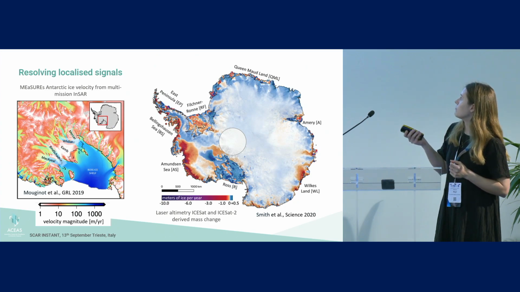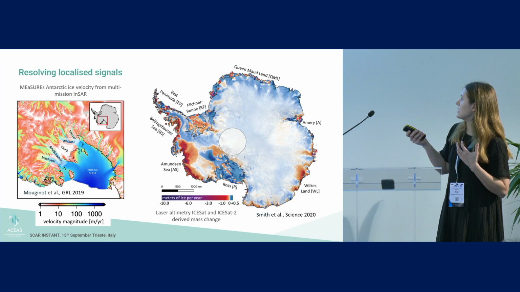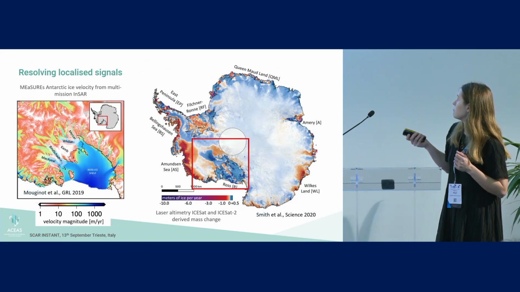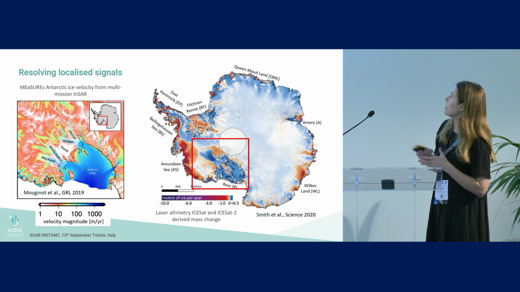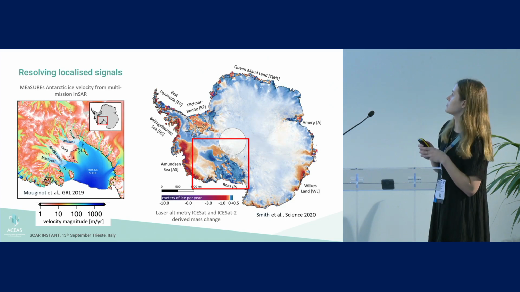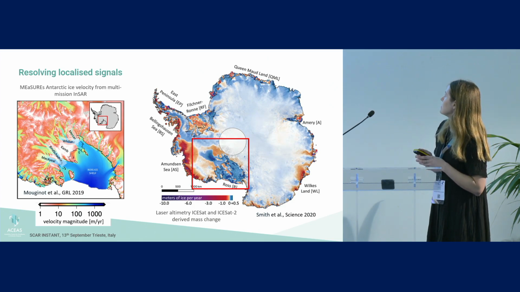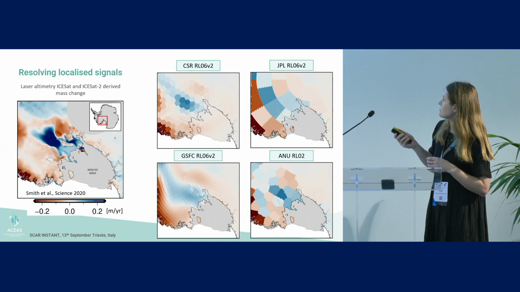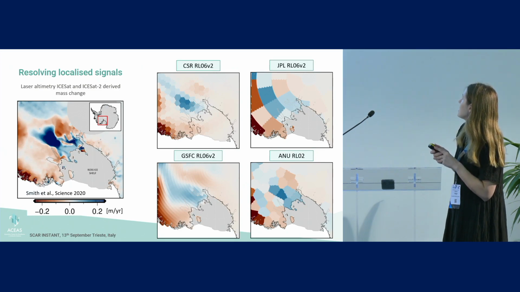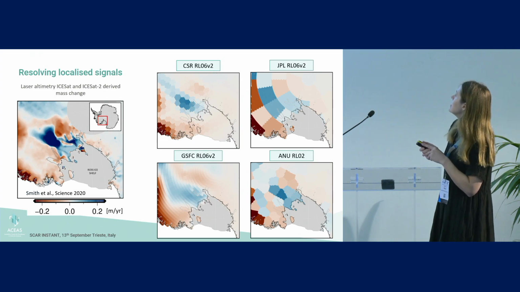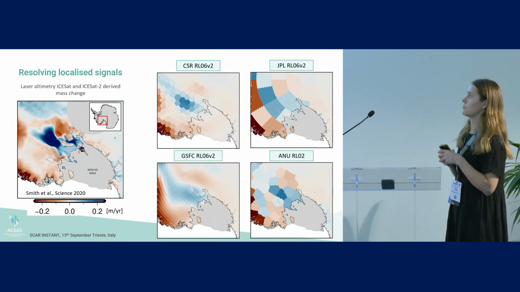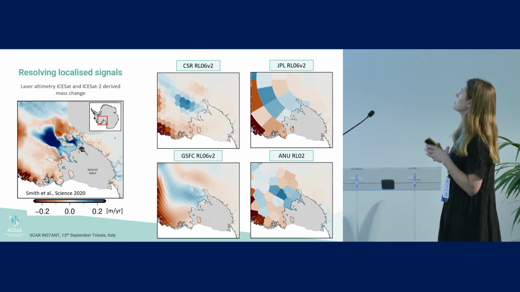So we know that we've got this signal in the Kamb ice stream where we have significant mass gain, which is flanked by mass loss upstream of the Mercer ice stream, which we can see in satellite altimetry. What you can see here with the comparison of the 4 solutions is that some of those solutions aren't able to resolve those highly localized signals.